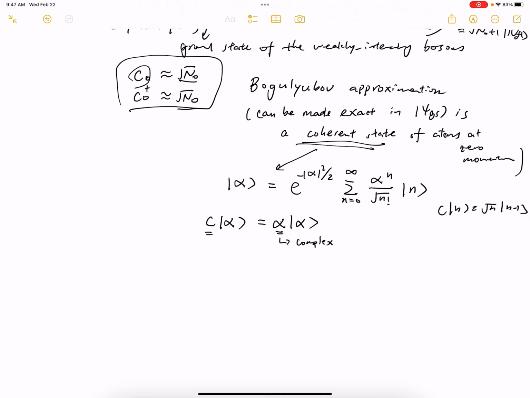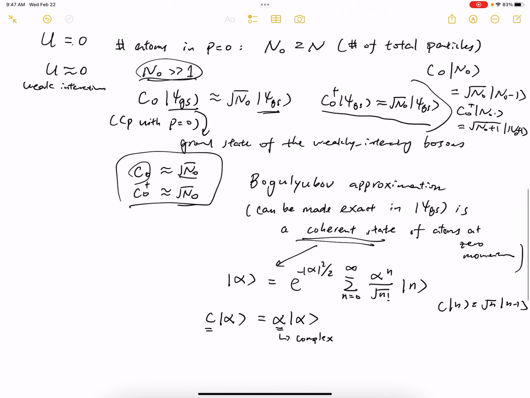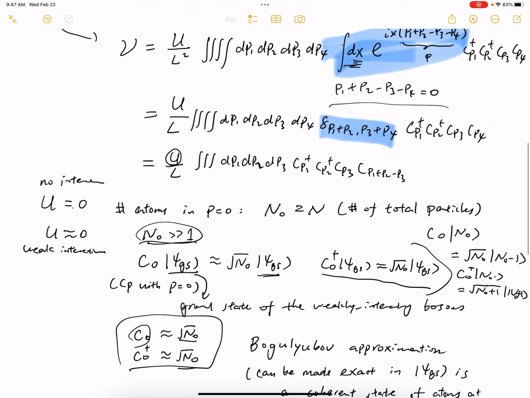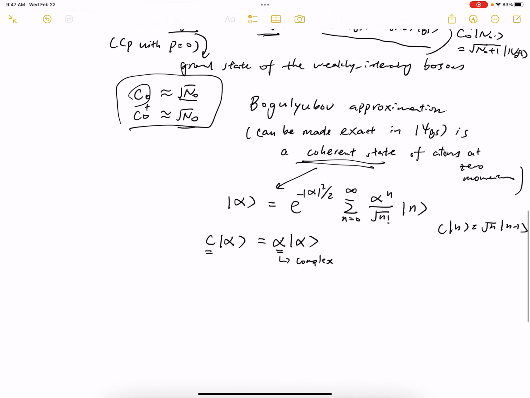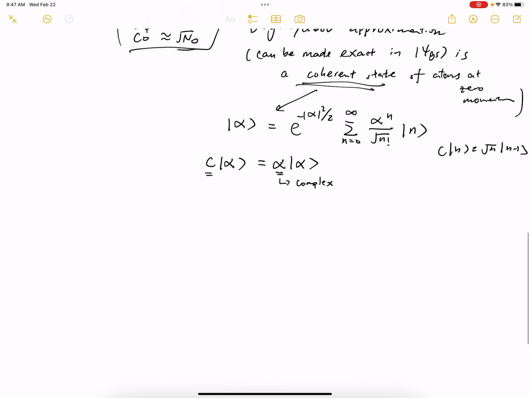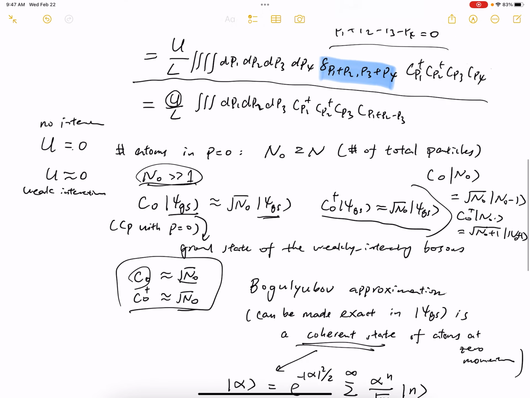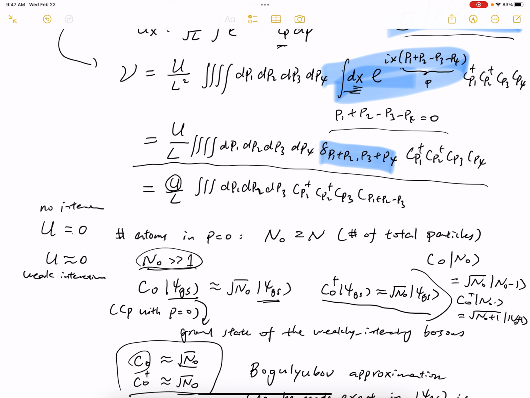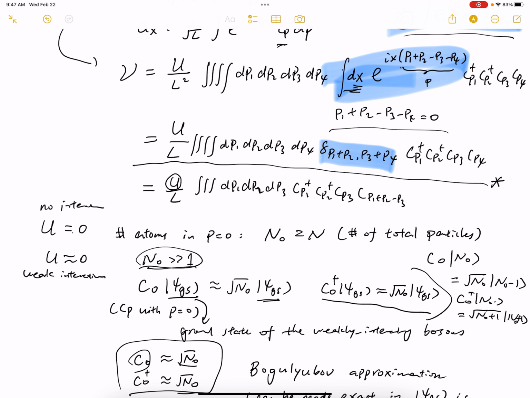Okay, so all right. Let's now look at, with this approximation, whether we can make this complicated expression here more manageable. The first thing is the dominant term in this expression. So let's just look at this expression here. You can also look at the bottom one, but it's kind of similar.